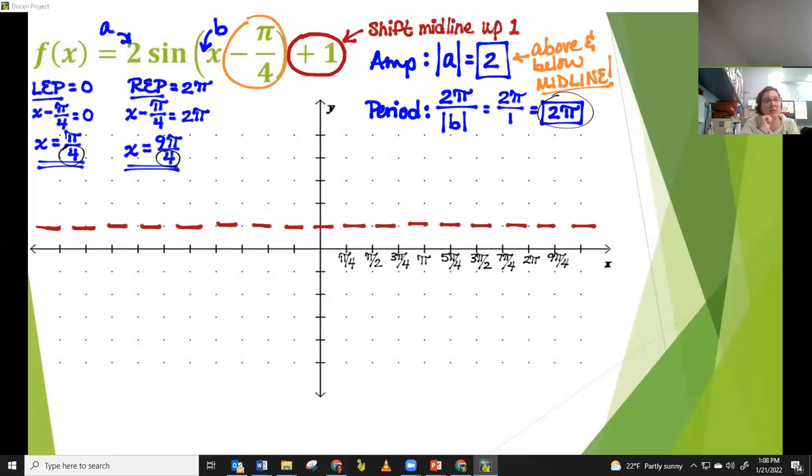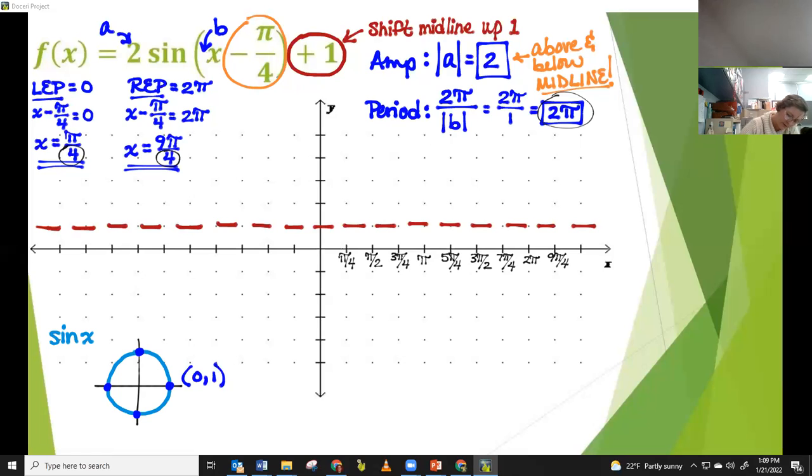Why did I want to take this out to 9 pi over 4? Yep, that's where my period ends. That's what allows me to get one full period because we're not starting at 0, 0, so I don't want to stop it at 2 pi.